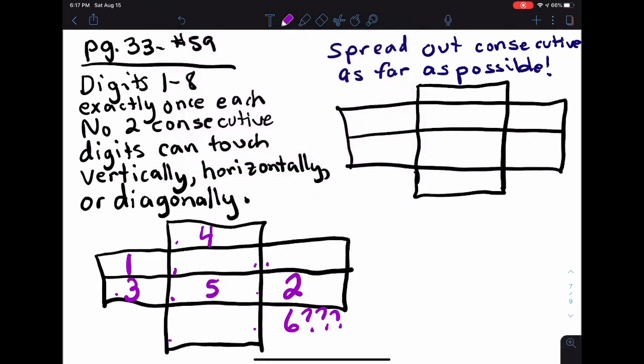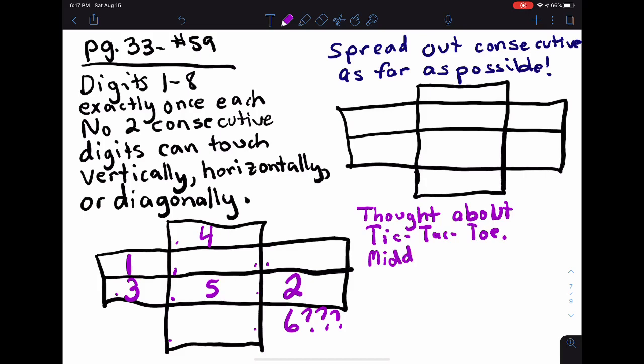And then I thought about tic-tac-toe. That's what it kind of reminded me of. Middle start is an advantage.